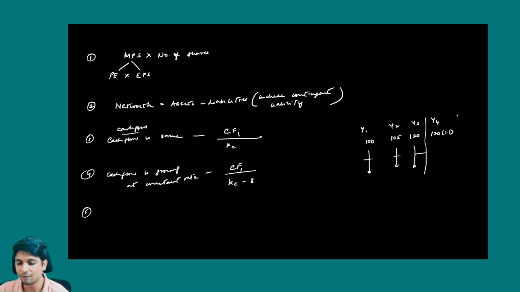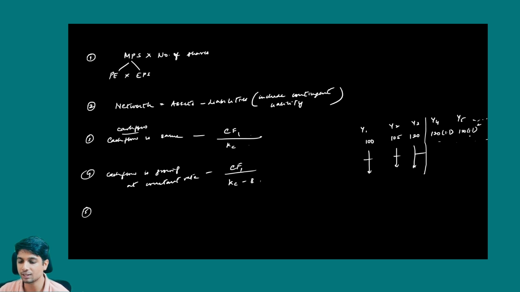So there what you do, year 5 is 120 into 1.1 whole square, so on. So all these cash flows, you find out the present value using this formula or this formula, whichever is applicable. If the cash flows are same, use this formula.